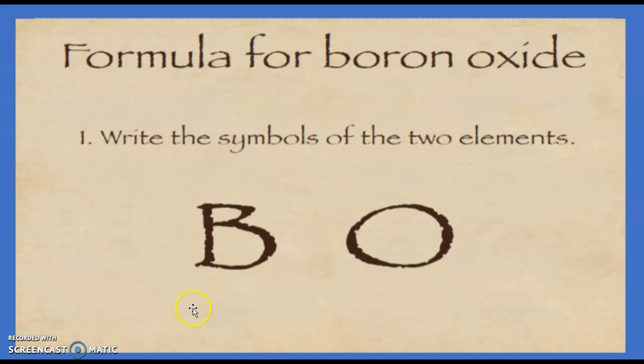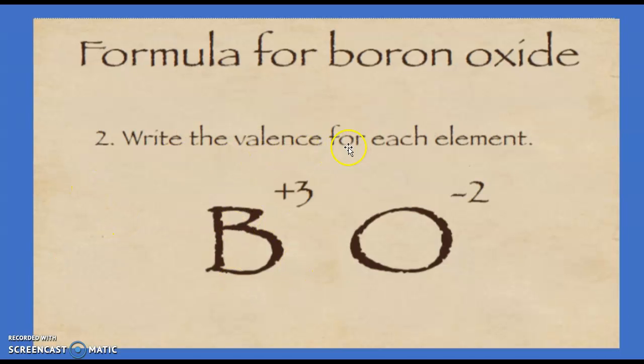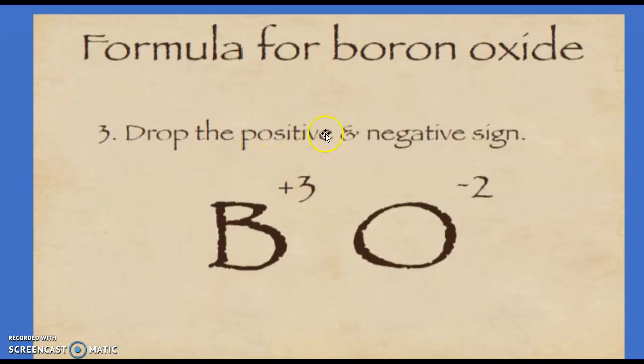So again, step 1, write the symbols of the two elements. The metal goes first. Step 2, write the valence charge or the oxidation number for each element as superscripts. So boron, it's in group 3, so it's a +3. Oxygen is a -2. So you just write those as superscripts. Step 3, you just drop that positive and negative sign. So now we've got boron with 3 as a superscript and oxygen with 2 as a superscript.